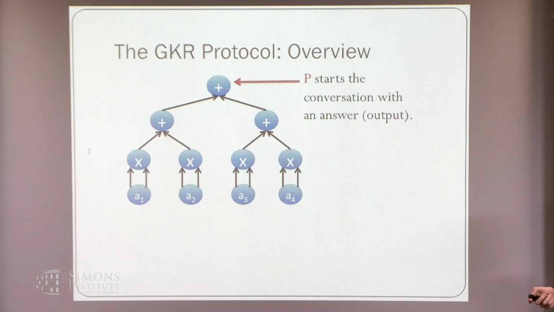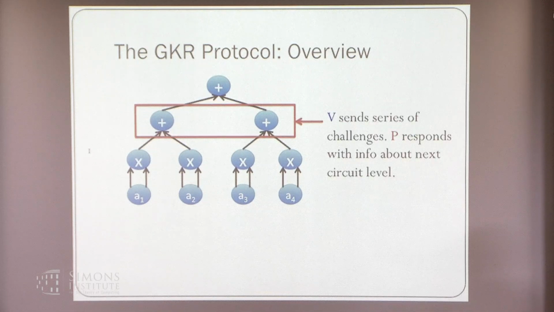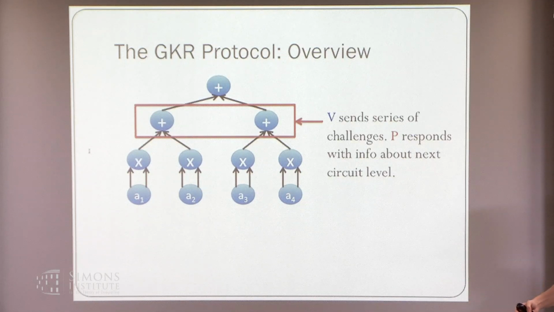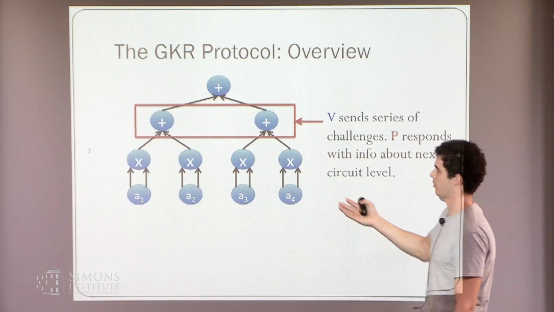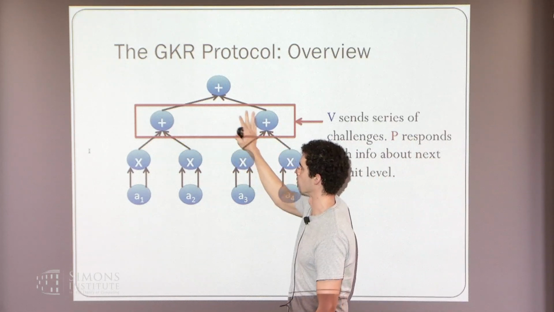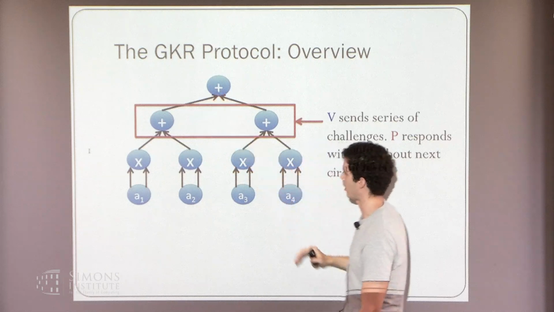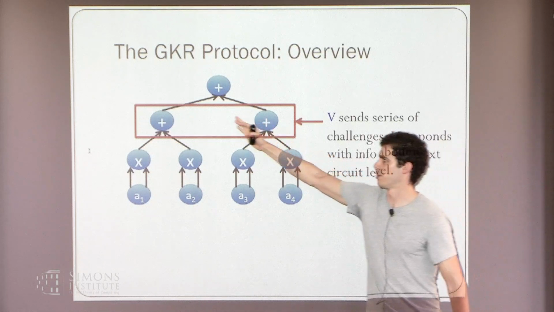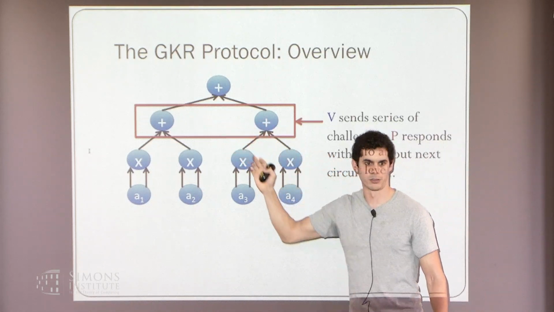At the end of that sum check protocol, the prover is basically forced to make a claim about the value of that polynomial at a random point. Because of the way that polynomial is defined, it turns out to be defined in terms of the gate values at this layer of the circuit feeding into the output. That is implicitly the prover making a claim about the gate values at this level.